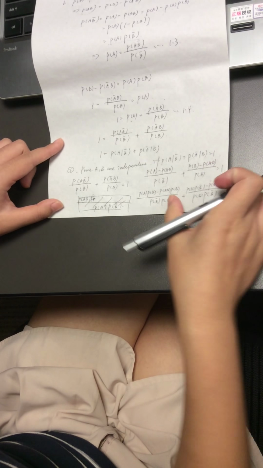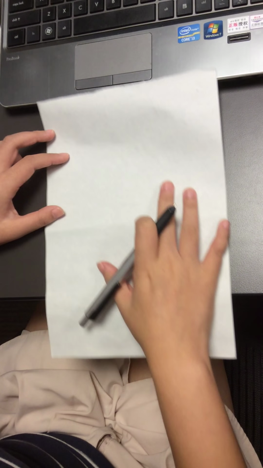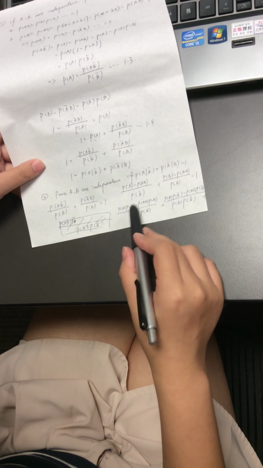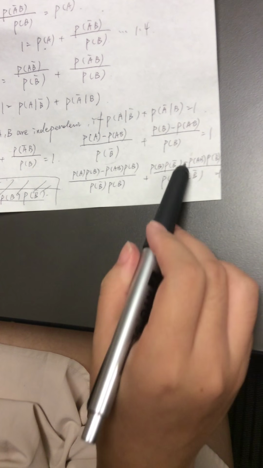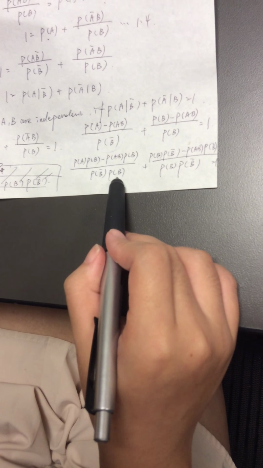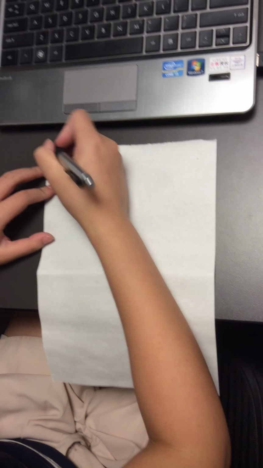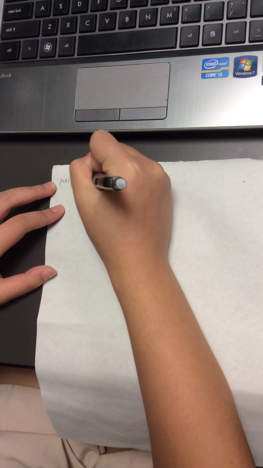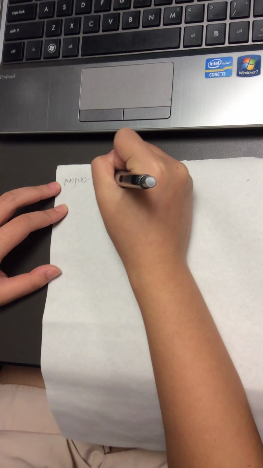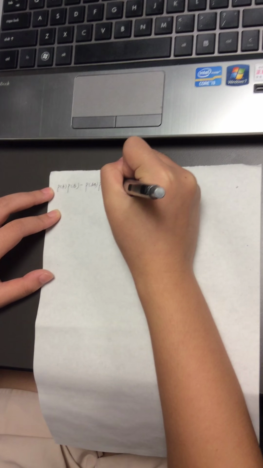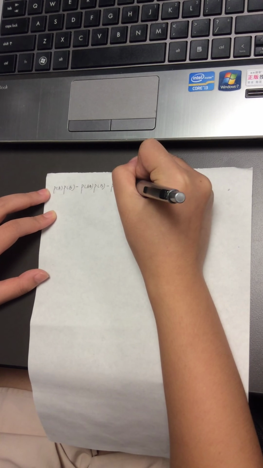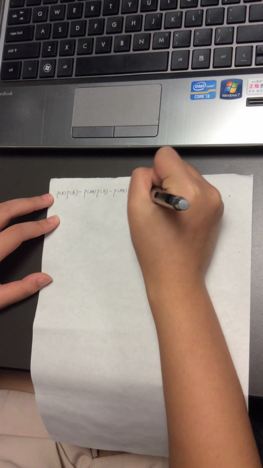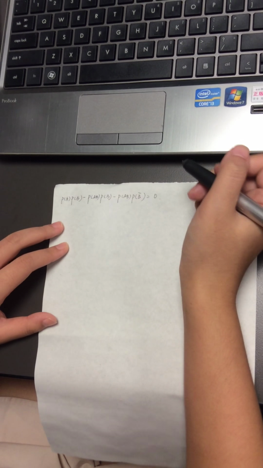This equals 1. Then we plus it and move P(B), P(B bar) to the right-hand side. We can get equals 0.